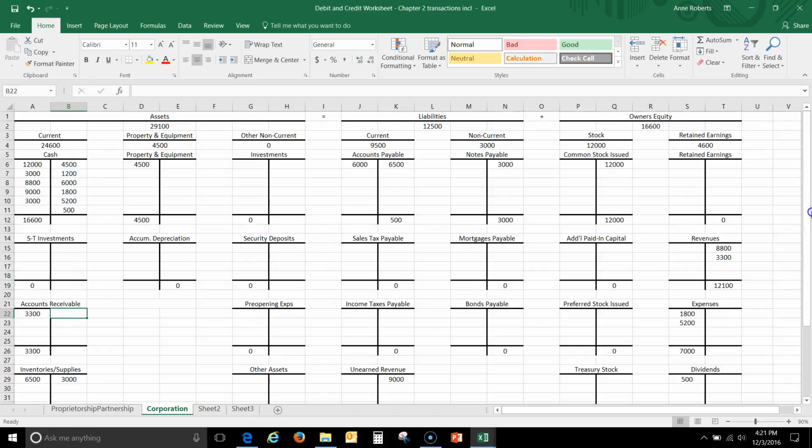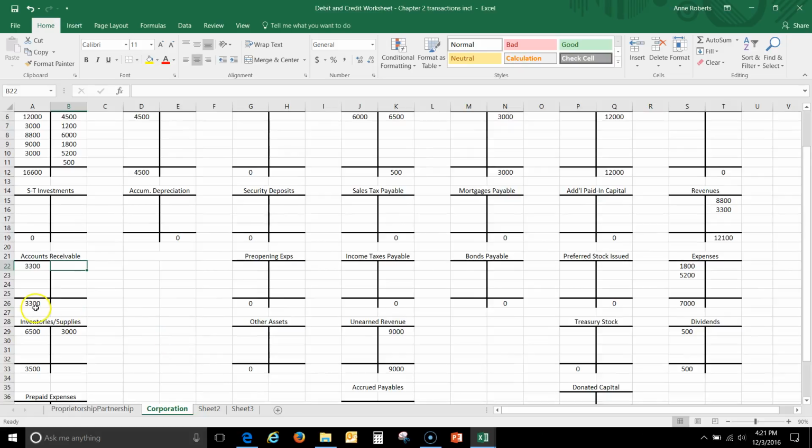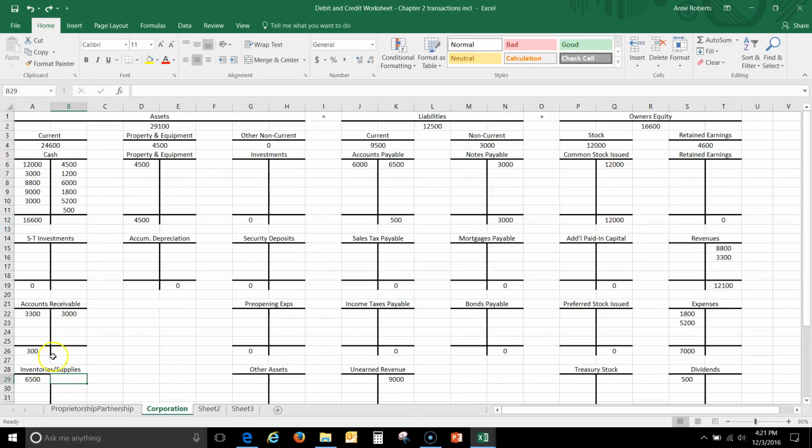But each individual balance is off: this one is overstated by $3,000, and this one is understated by $3,000. So debits and credits are still going to balance, but it does not mean that the individual balances in the accounts are correct. Once the credit gets posted to the correct account, the individual account balances are correct, the asset balance is correct, and our trial balance is correct.